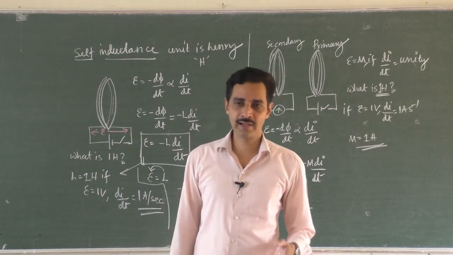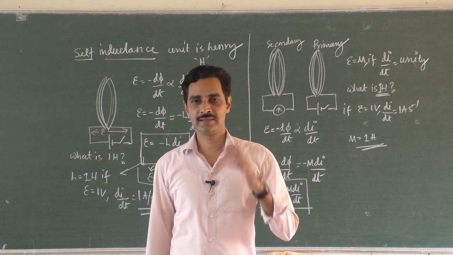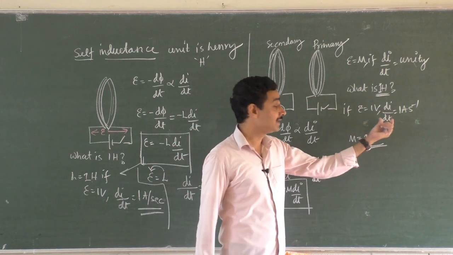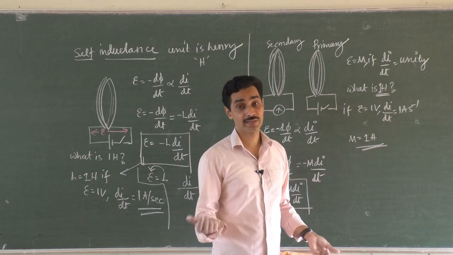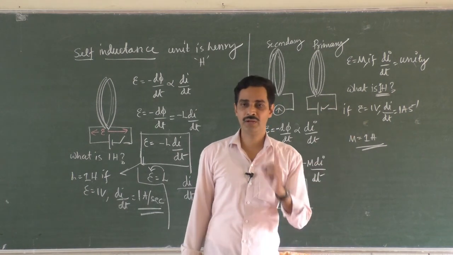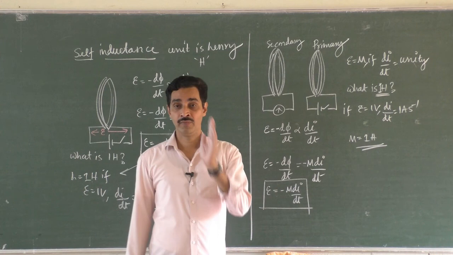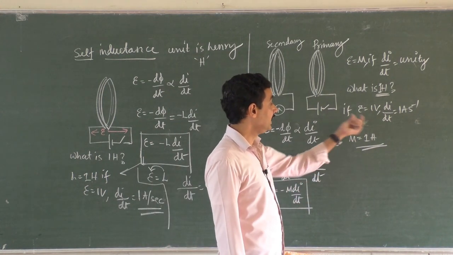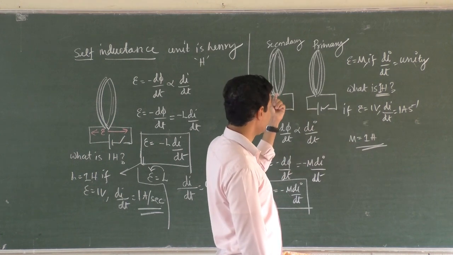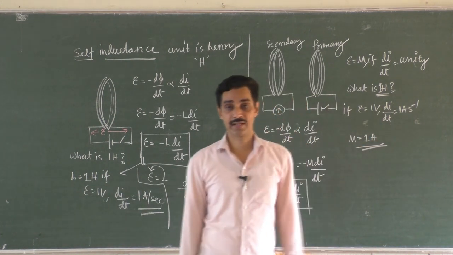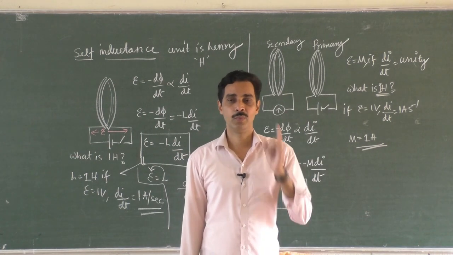So if an EMF of 1 volt is induced in the secondary coil when the current in the primary coil changes at a rate of 1 ampere per second, then the mutual inductance is 1 Henry.